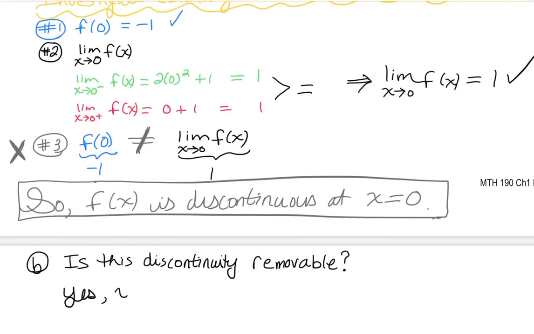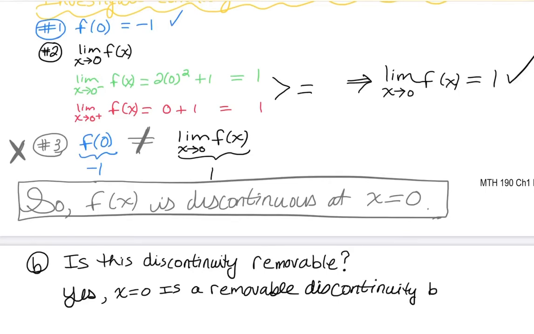Yes, x equals 0 is a removable discontinuity. And I'll always want to know why, and that is because the limit as x approaches 0 of f of x exists. So it is removable because the limit exists.